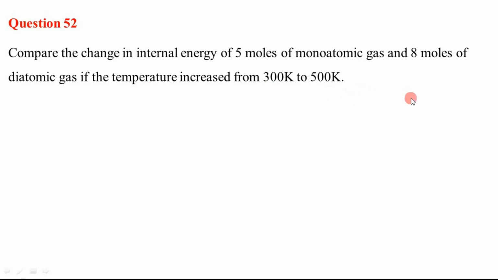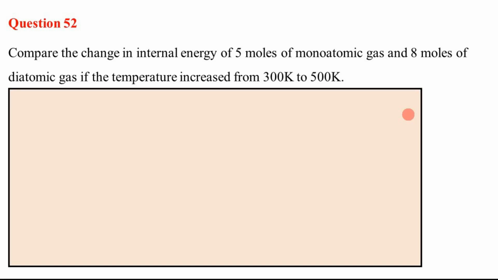For monoatomic gas, the degree of freedom is 3, and for diatomic gas, the degree of freedom is 5, because here we are still at room temperature. Then that means we need to calculate the CV for monoatomic gas and for diatomic gas. After calculating the CV, we calculate the internal energy and compare the two gases.